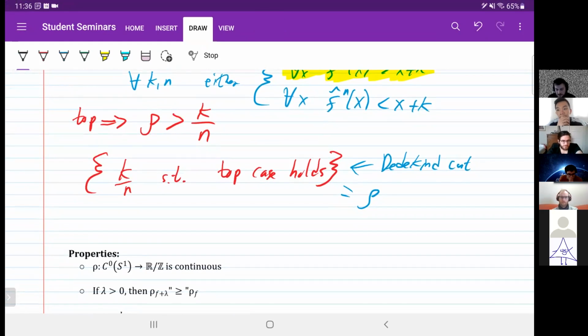Not entirely obvious, but the other thing is if I take my map of the circle and I add something small to it, I'm going to increase the rotation number. If I make the map bigger, it rotates faster. It doesn't go down in some mysterious way.